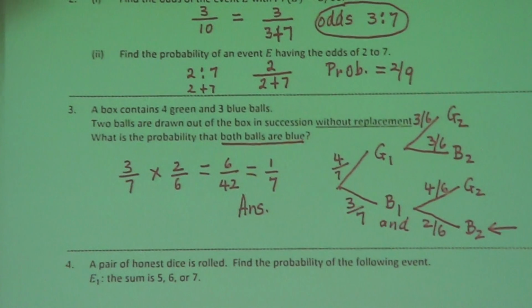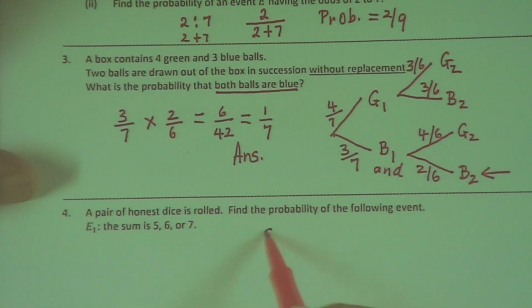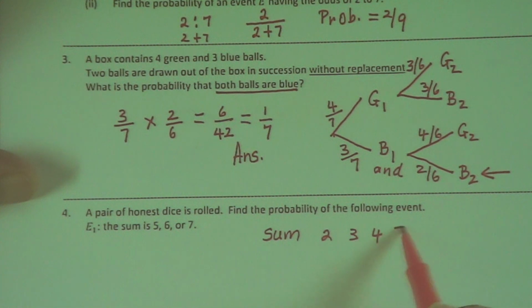Number 4, we have a pair of dice is rolled. Find the probability that the sum is 5, 6, or 7. You could make that table. 2, 3, 4, 5.